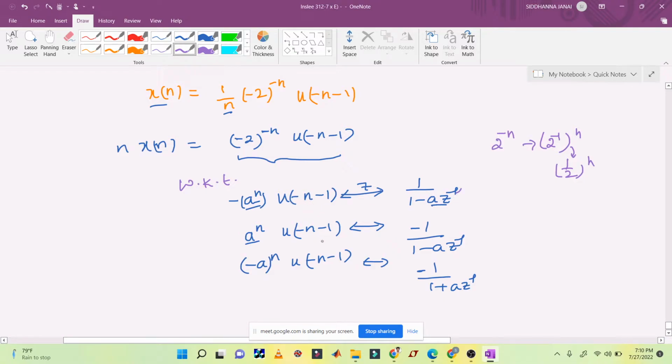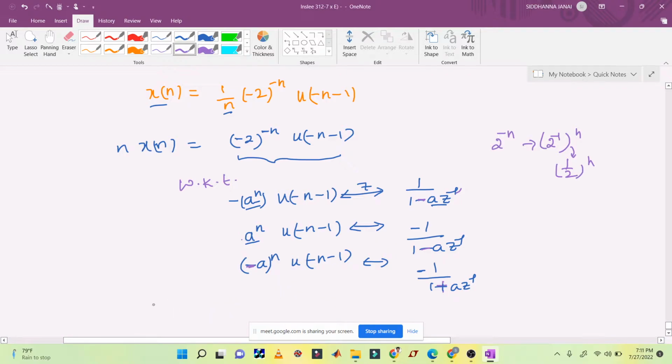For that, this is the Z transform. If at all our equation is like this, this is the transform. Now for this one minus is there, that will become plus here. Okay, you can observe the change. Here it is minus, here also it is minus. But because of minus a to the power n, we have 1 plus a z inverse.